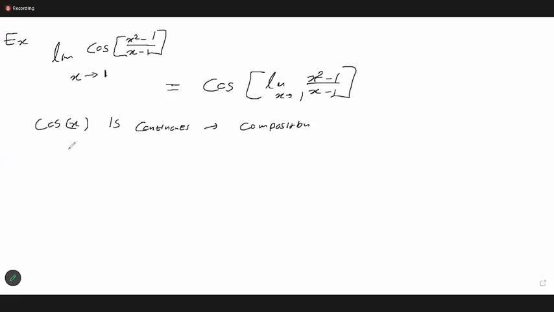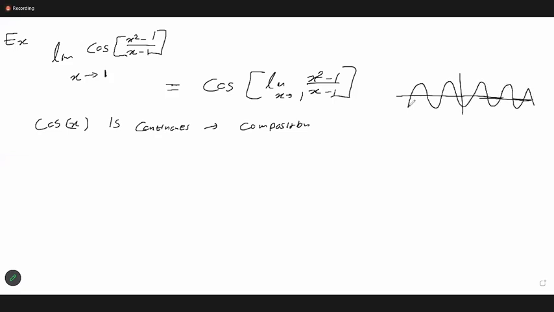But at the beginning I told you sin x and cos x are continuous functions. Continuous means there is no break, because for each x value you have a y value, whether it is sin or cos.